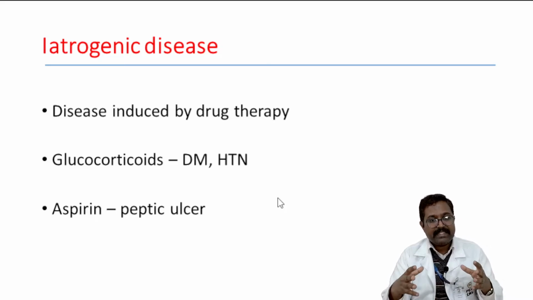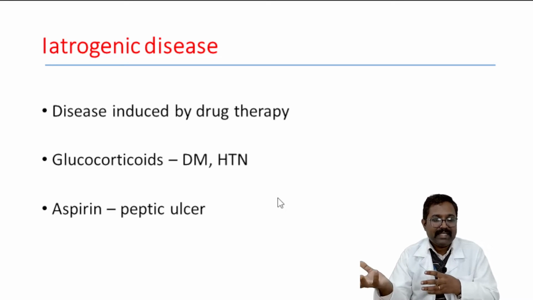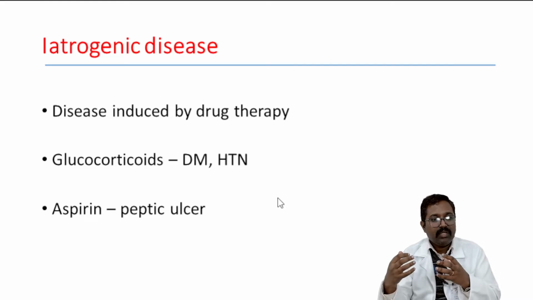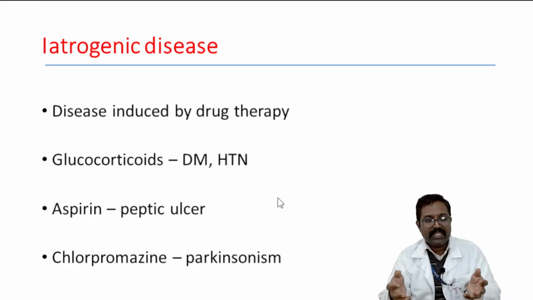Aspirin, NSAIDs, will reduce the gastroprotective prostaglandin secretion in the stomach, which maintains the mucus layer, leading to increased risk for peptic ulcers. And chlorpromazine will block the D2 receptors and lead to Parkinsonism.